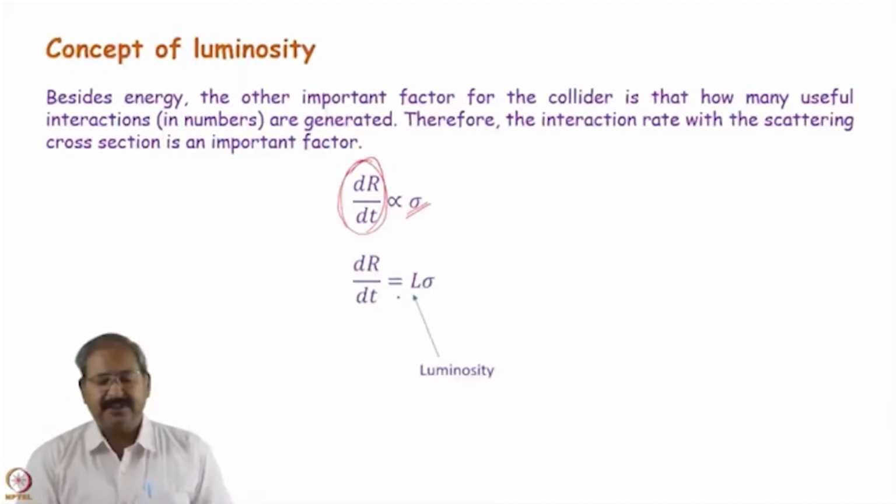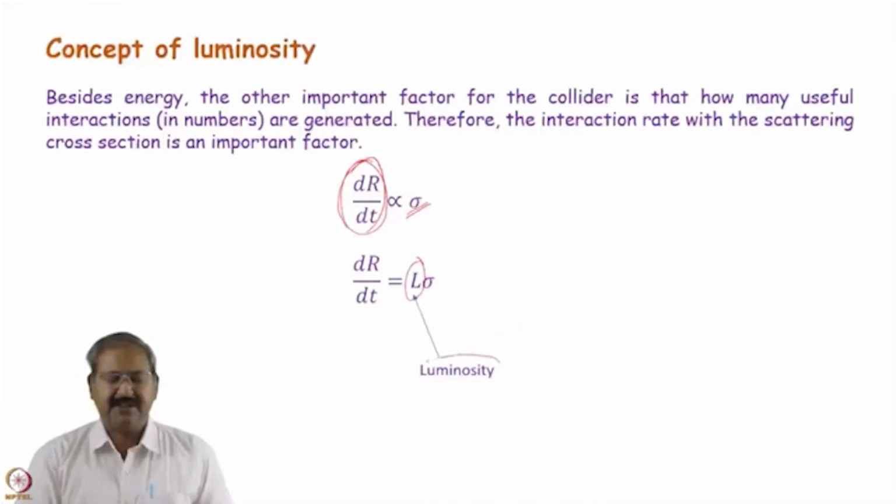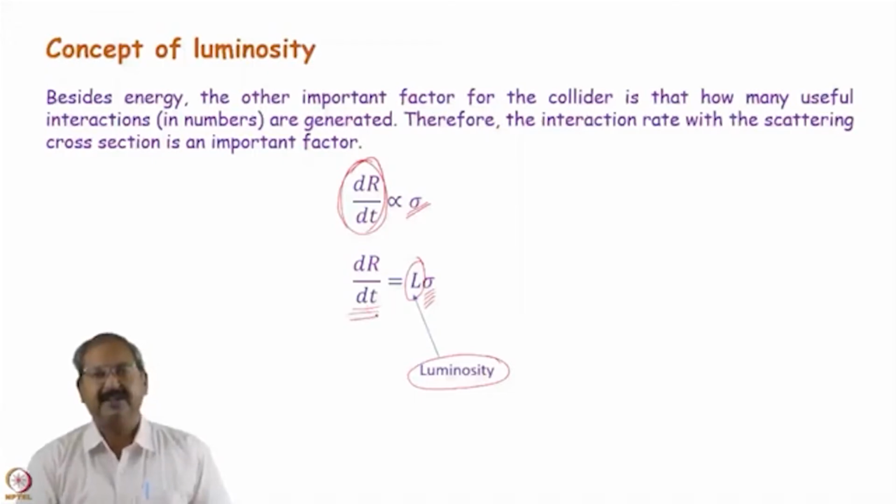So there is a proportionality constant L, which is known as luminosity in the case of colliders. So in colliders, luminosity has to be increased. If we have very high luminosity, then even with a smaller cross section we get a sufficient rate of events, and if we get a sufficient rate, those events can be detected.